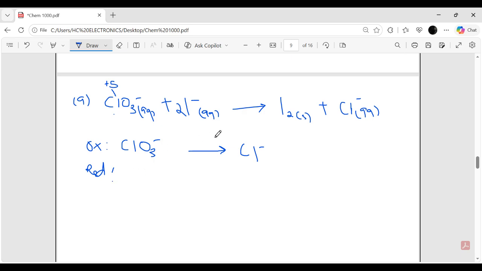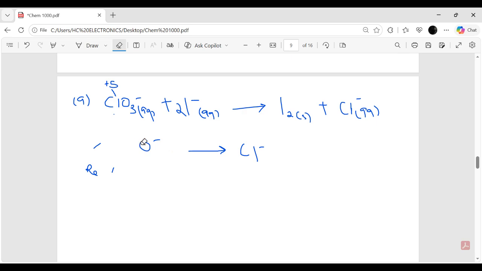Oh, sorry, I made a mistake. So when going from chlorate to chlorine, what is happening to the oxidation state?